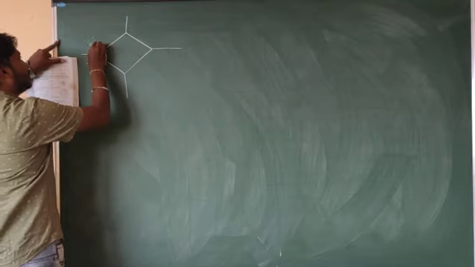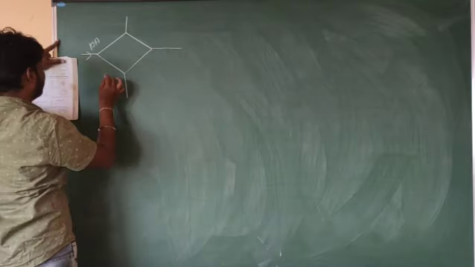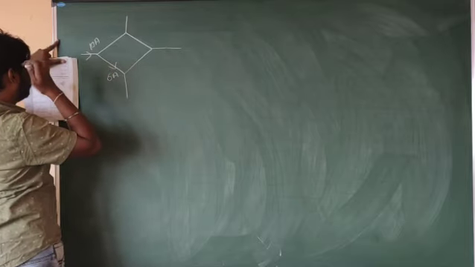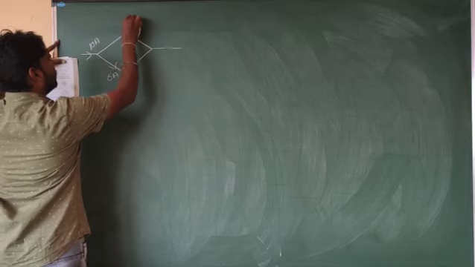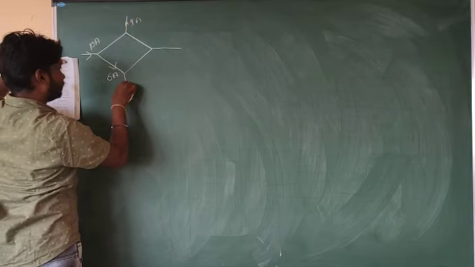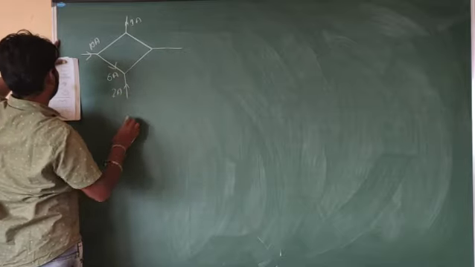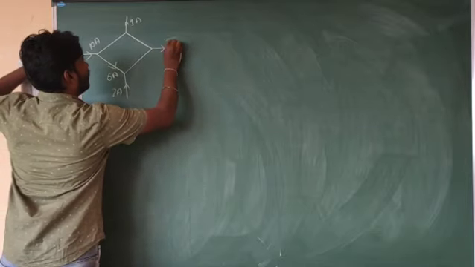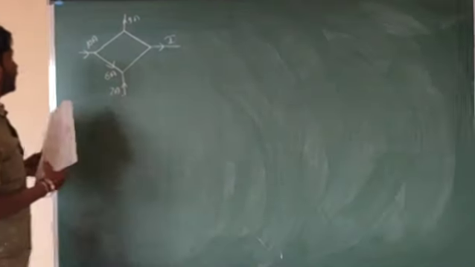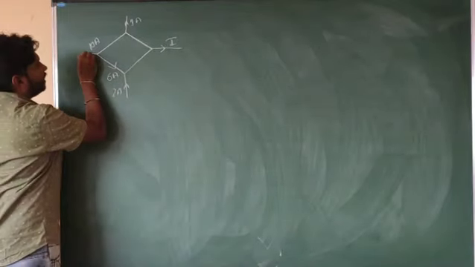So here they mention 10 amp, here 6 amp, here 1 amp, and here 2 amp. And I need to find the value of I here. So look here, 10 ampere of current.